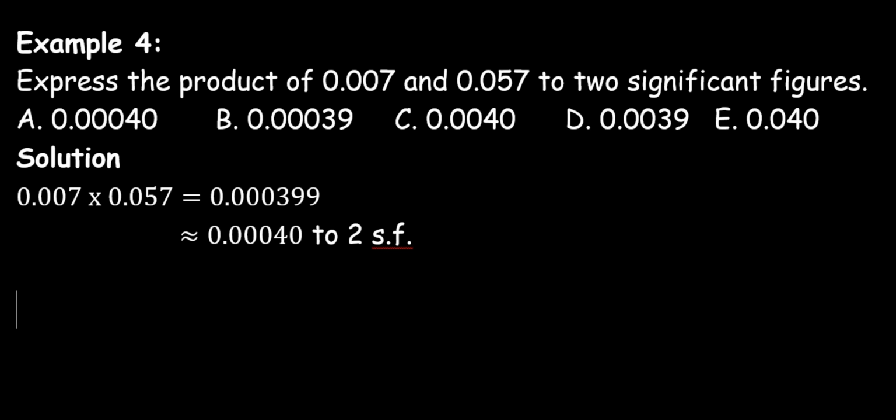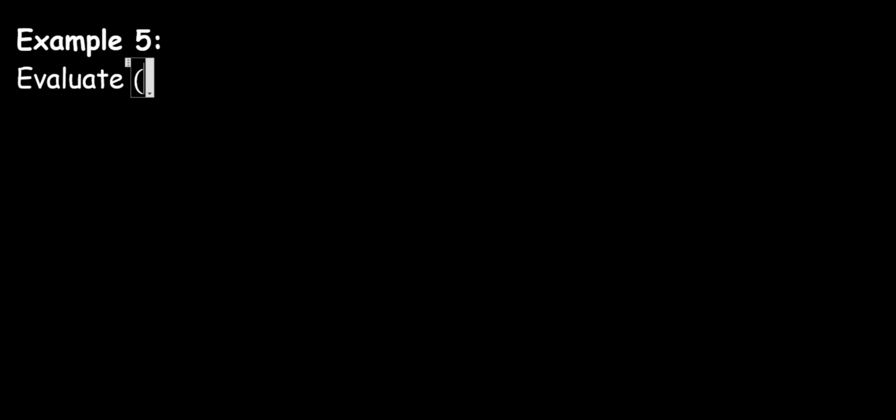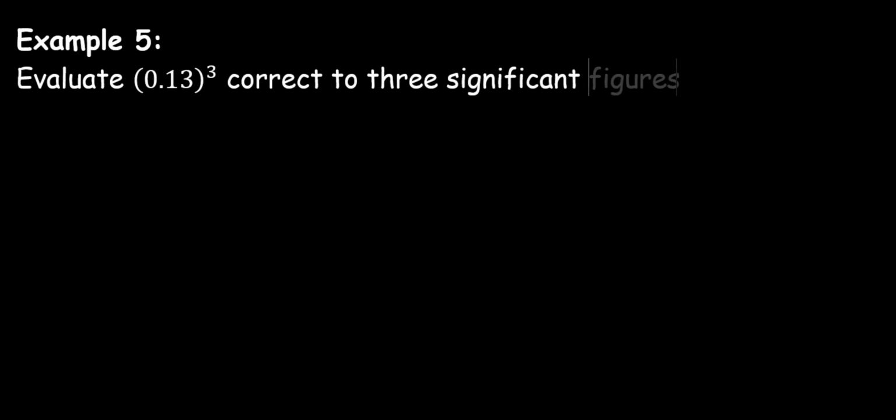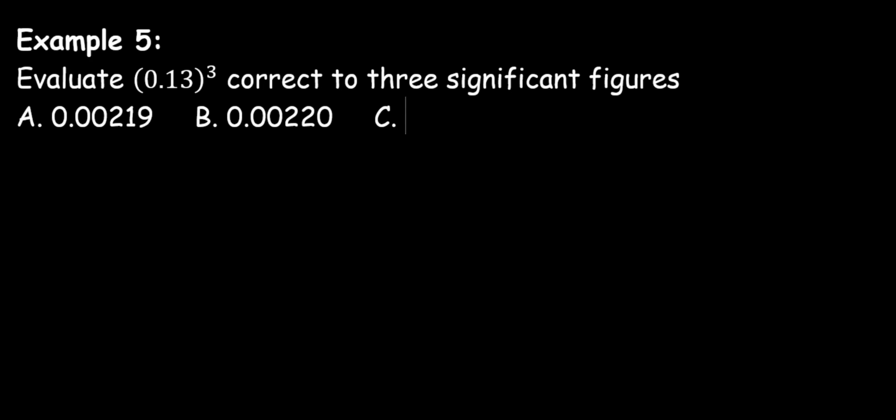Let's take another example. Evaluate 0.13 raised to power 3 correct to 3 significant figures. Option A, 0.00219. B, 0.00220. C, 0.00300. D, 0.00390.